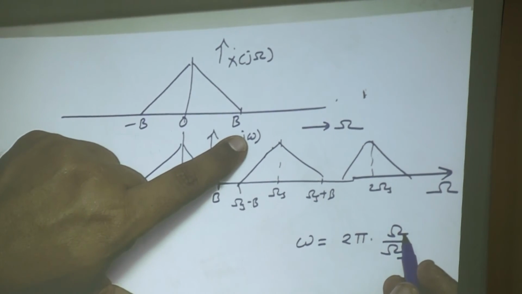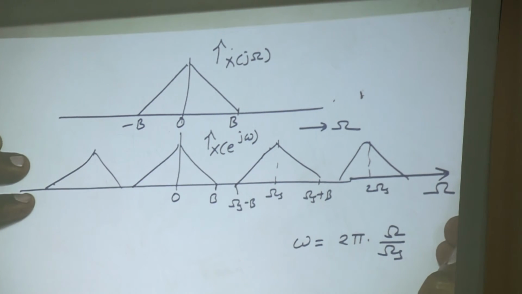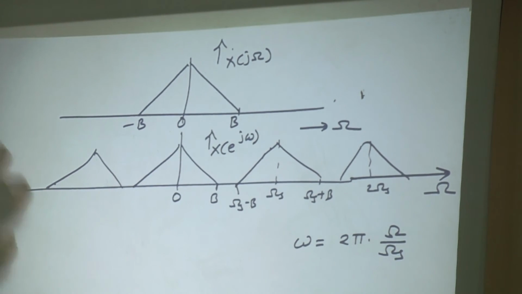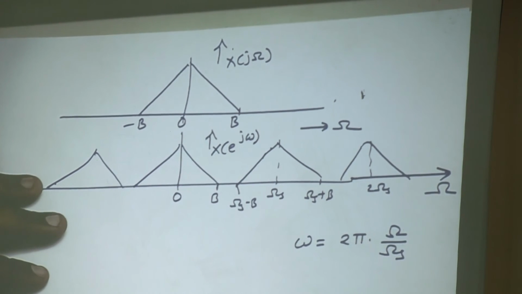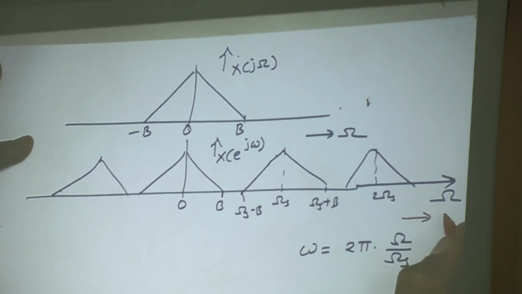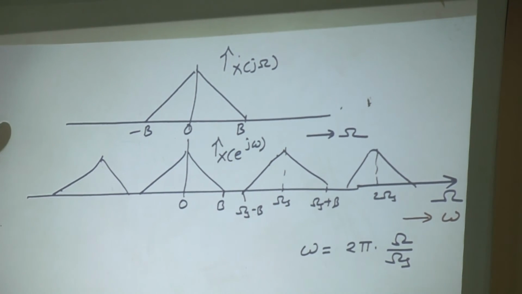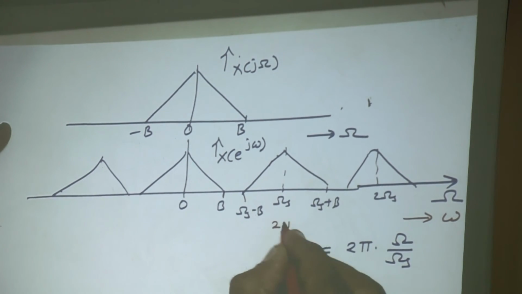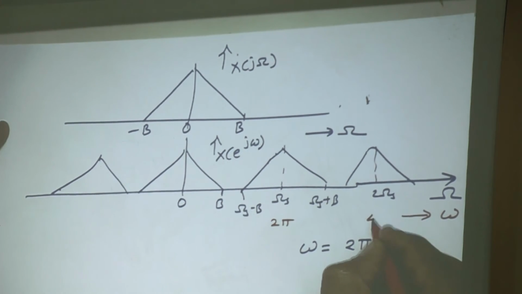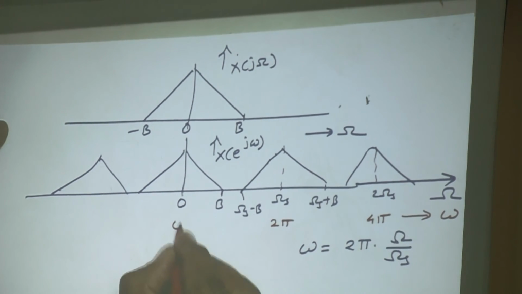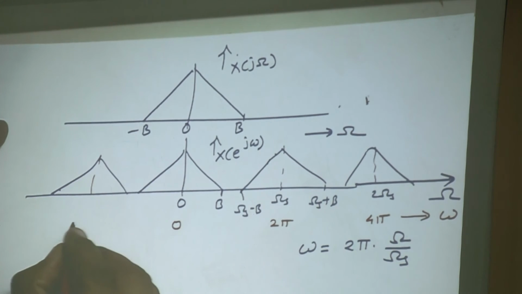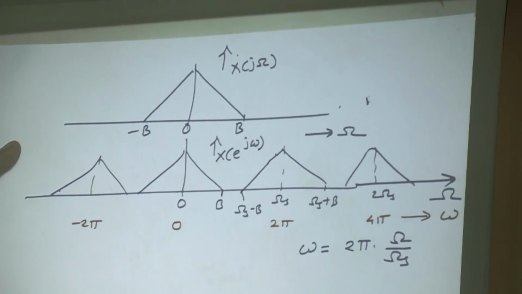If I write with reference to capital omega, this is how the axis looks. Plot remains the same, but what will change? This omega s becomes 2 pi, twice omega s becomes 4 pi, 0 remains 0, minus omega s becomes minus 2 pi, and so on.